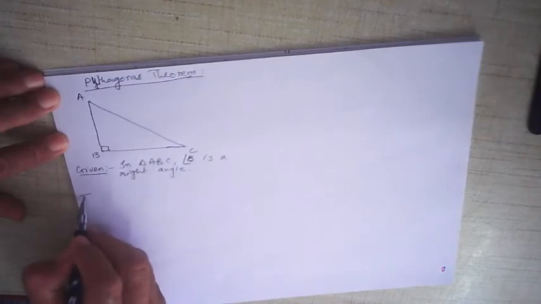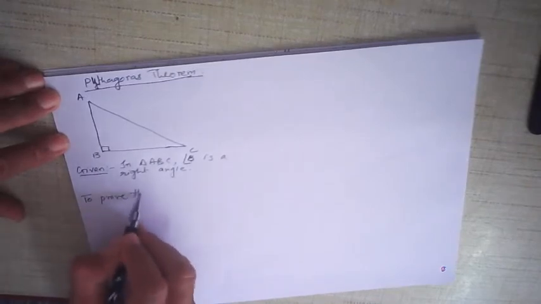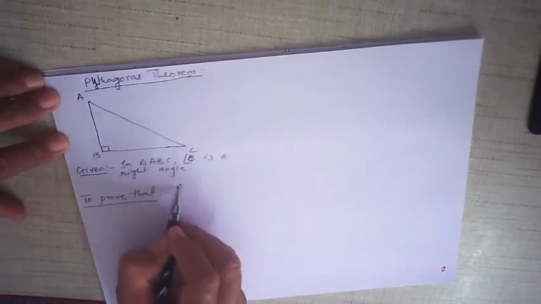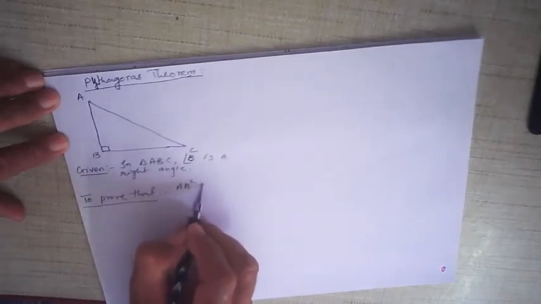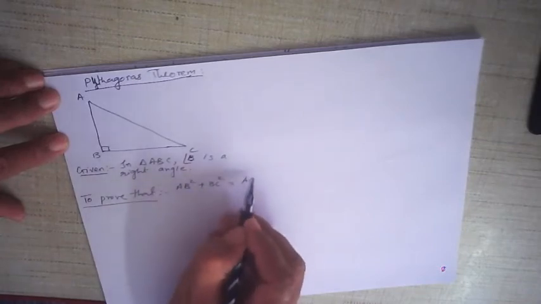What are we supposed to prove? To prove that AB square plus BC square is equal to AC square.